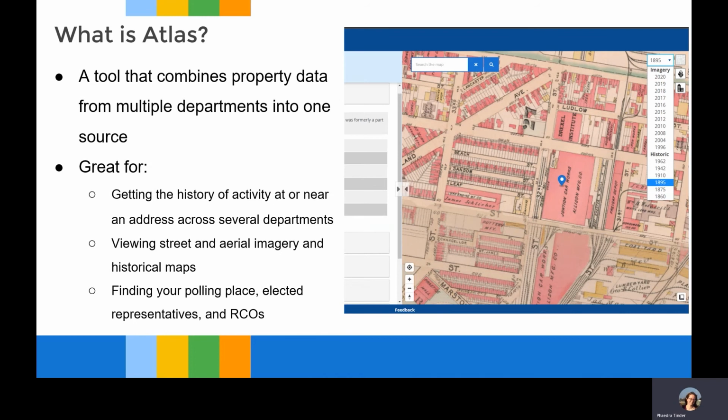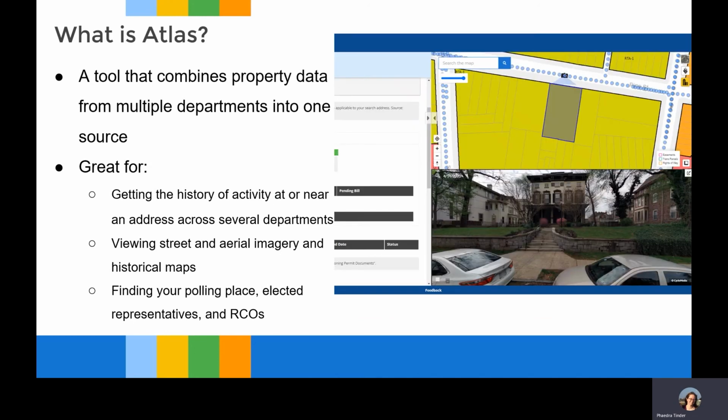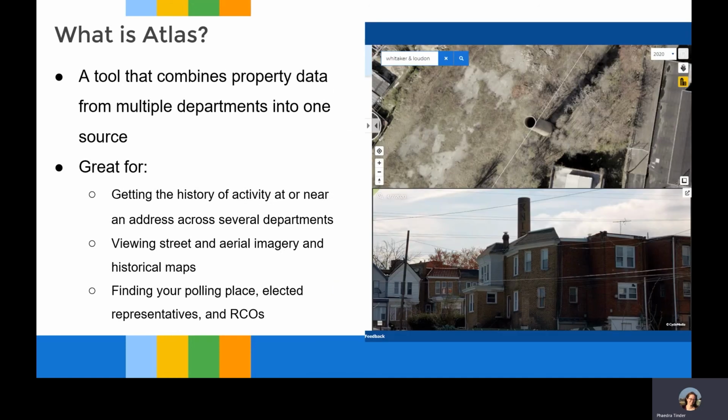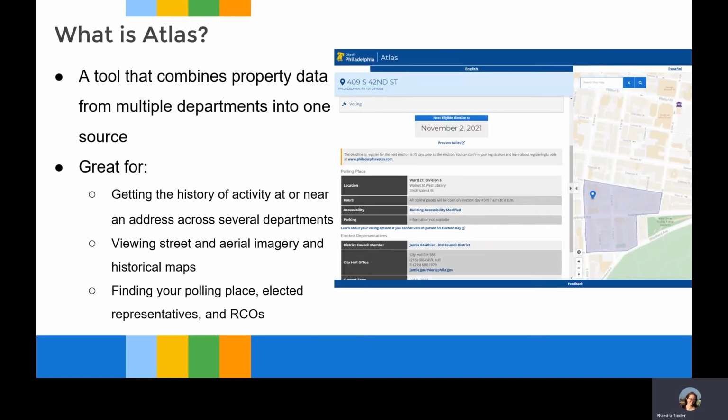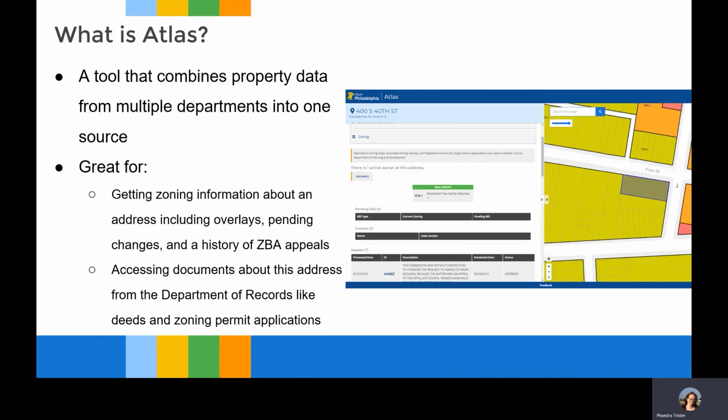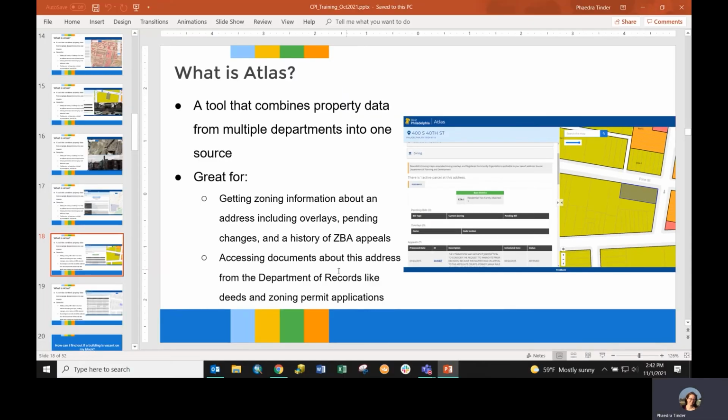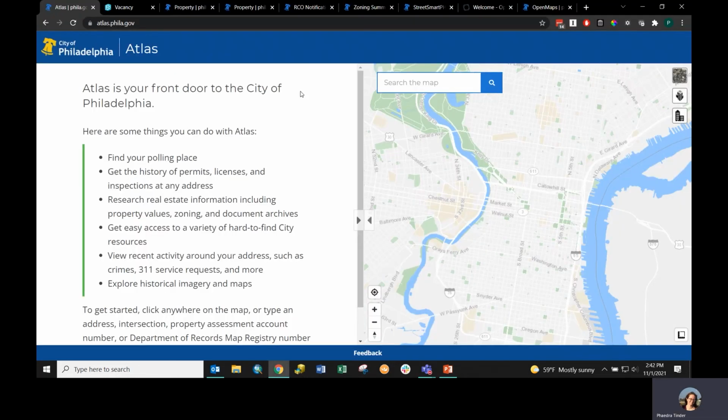You can find historical maps, the imagery of the street view that we mentioned earlier, as well as overhead imagery and information about zoning. So we're just going to exit the presentation and do a little demo.